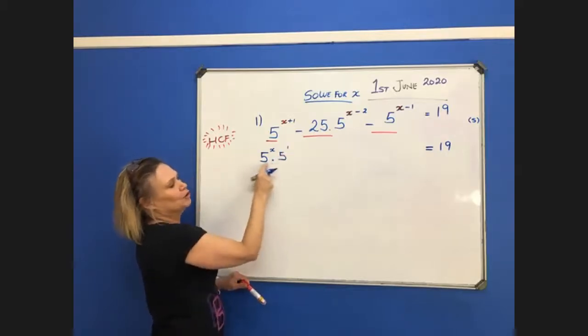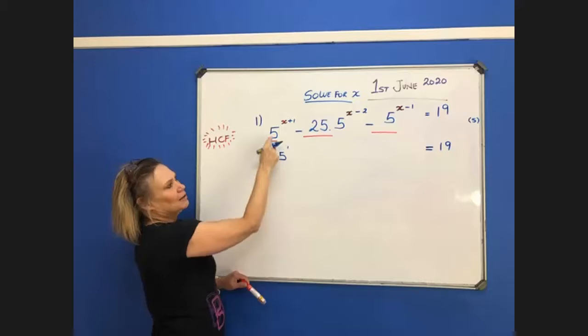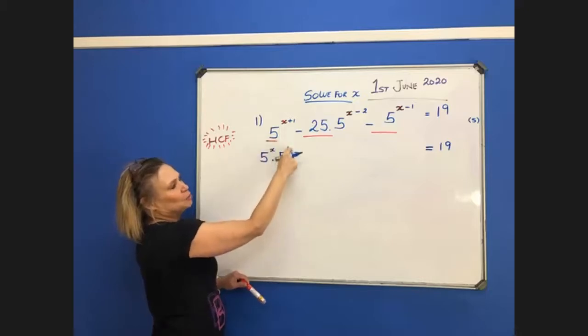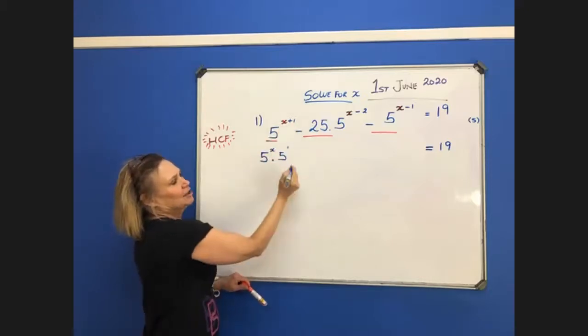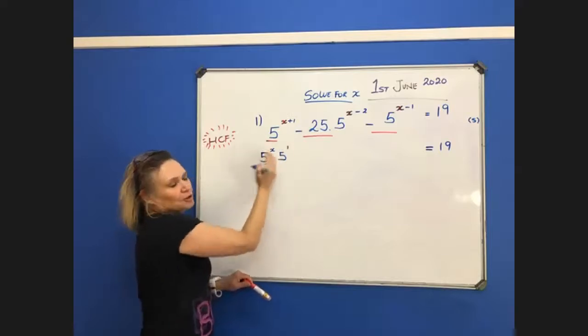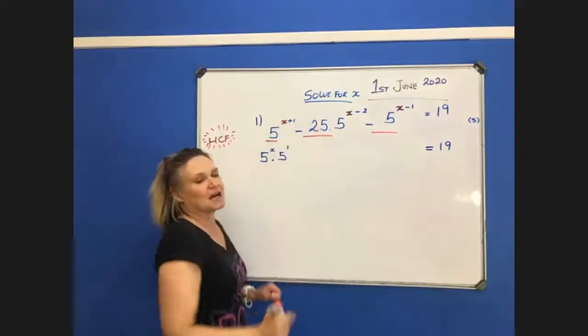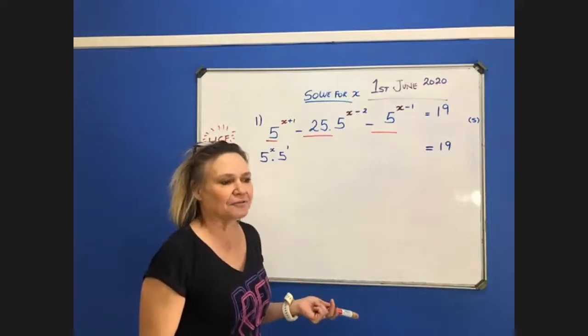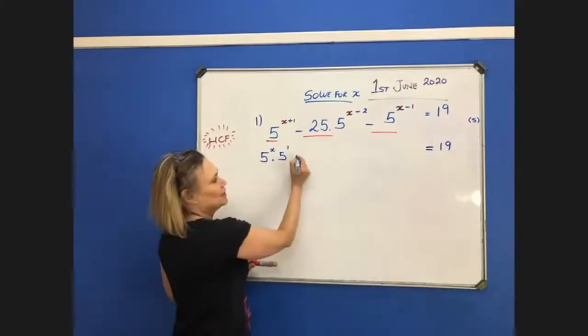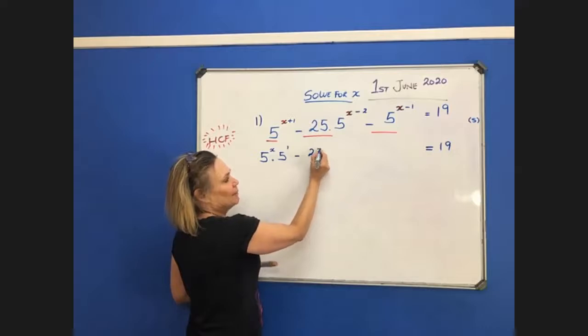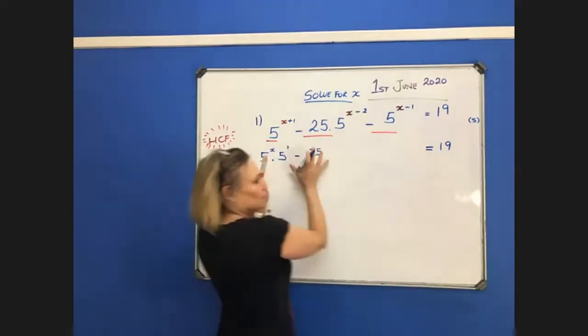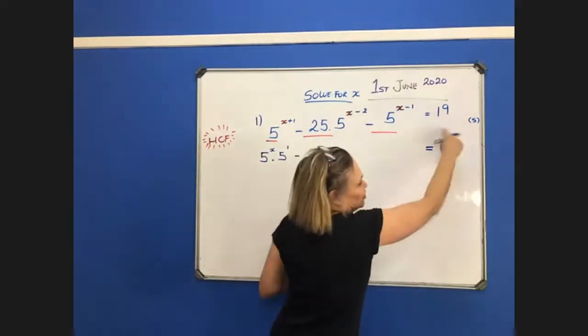Do we all agree? Same bases multiply, write the base, add the exponents, but they're unlike terms, so you wouldn't be able to do anything more than that. Don't waste time breaking up 25 to 5 squared. Don't waste time, because that is just a number, and it's going to be part of what I'm going to end up changing this number.